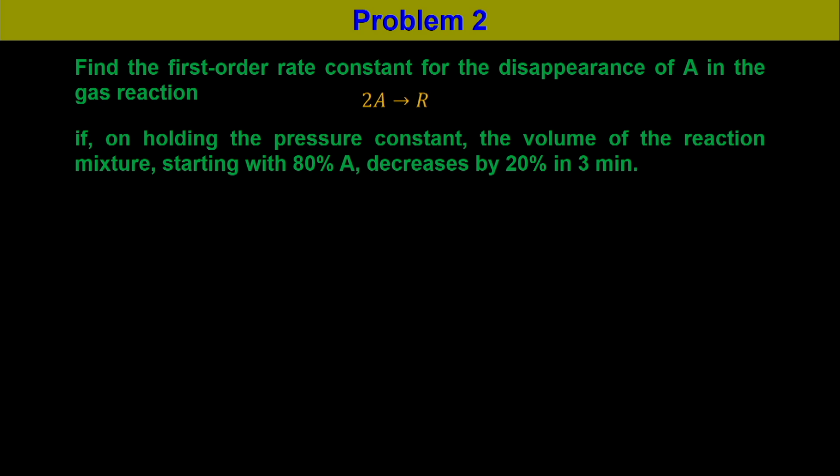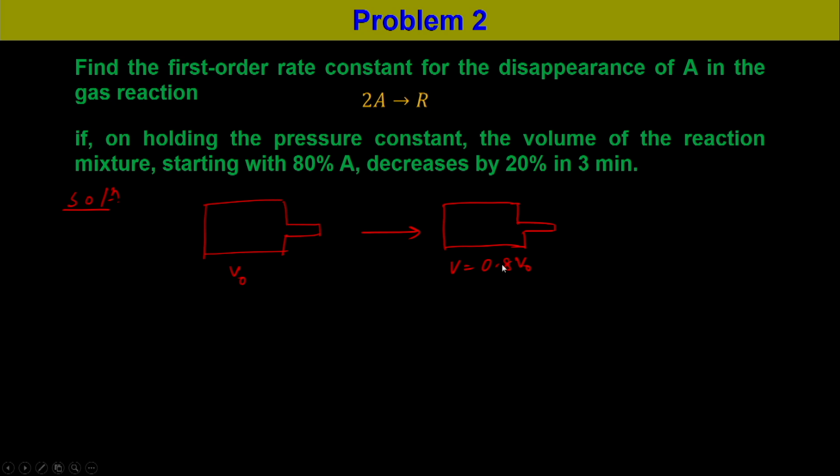So, in this case, we can solve, say, the initial volume of the reactor is V naught, and then the volume is V equal to 0.8 V naught, and the reaction is 2A to product B.